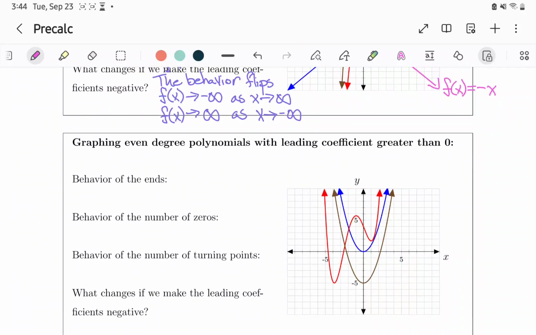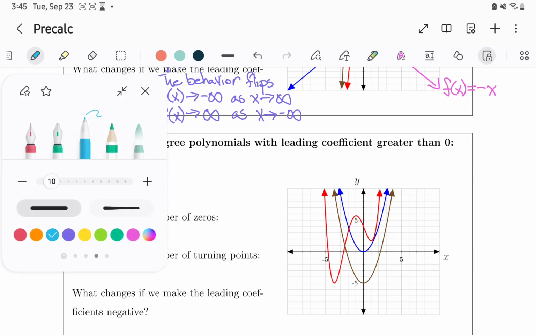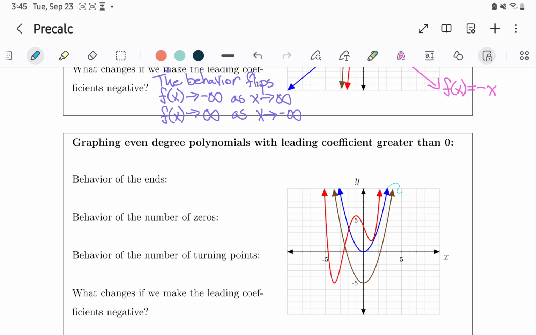All right, and so next let's talk about graphing even degree polynomials with a positive leading coefficient. So once again, we have 3 different graphs. This time they're all even degree polynomial functions with positive coefficients. I will point out that the graph in blue this time is going to be kind of like our easiest case to consider in this particular context. It is going to be the graph of f of x equals x squared.